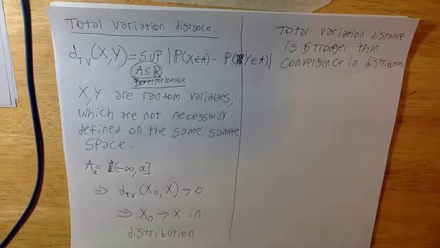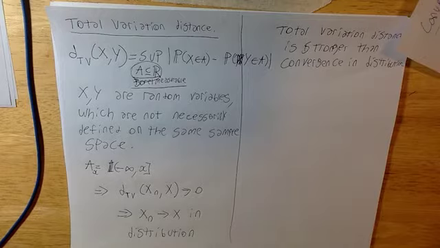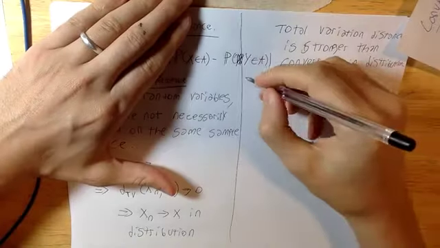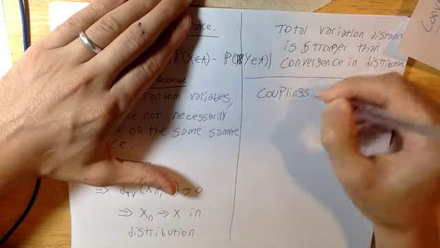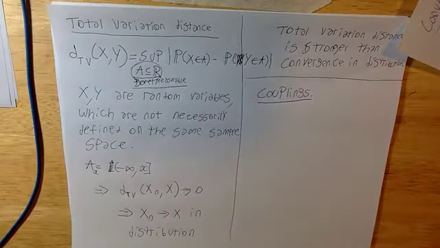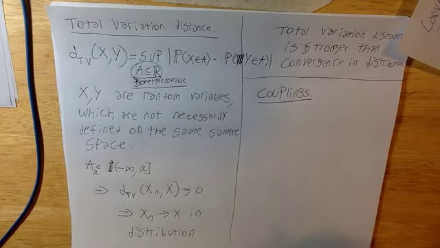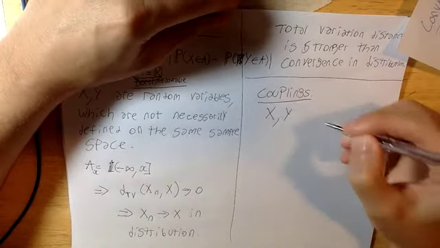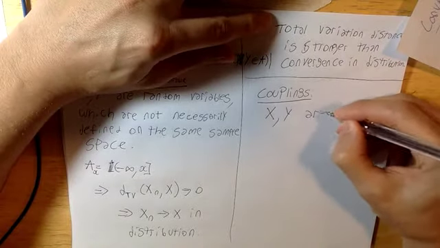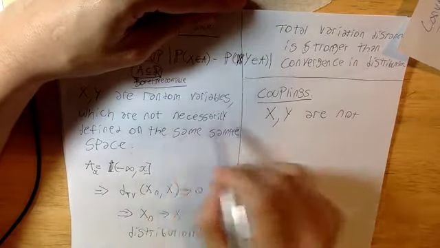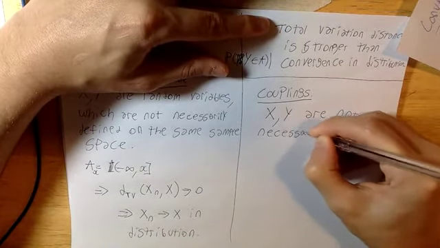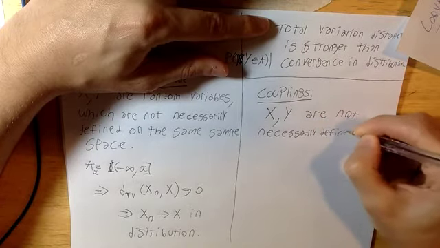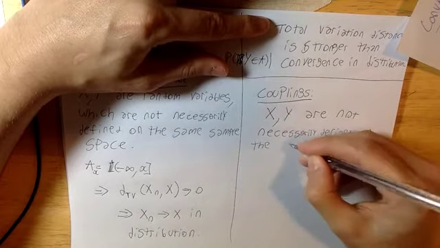Okay, so the next thing that we're going to be looking at is couplings. So the idea is that X, Y are not necessarily defined on the same sample space.